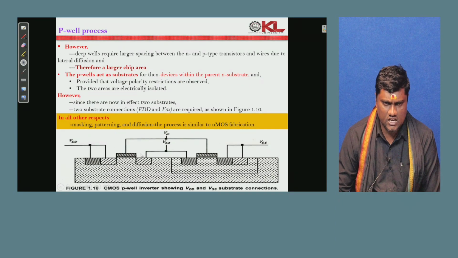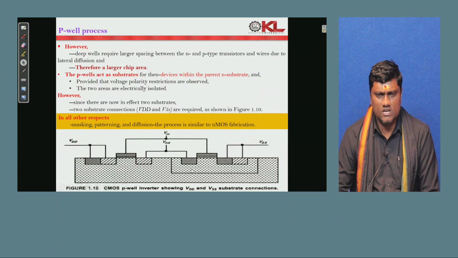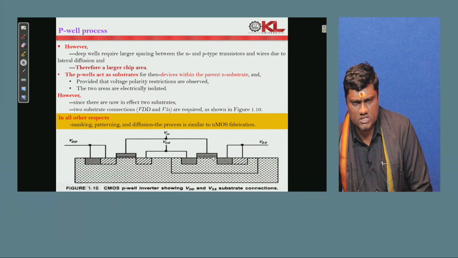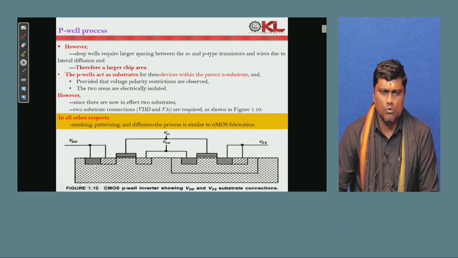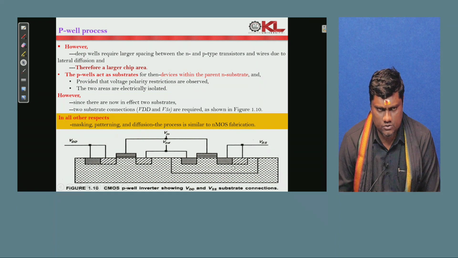You can see here one transistor, an NMOS transistor, where the P-well is formed, and in the P-well, that is the P type substrate, the NMOS is created. So both NMOS and PMOS are formed by the P-well process, and the complementary NMOS and PMOS work together.